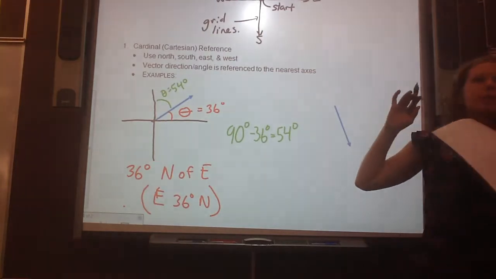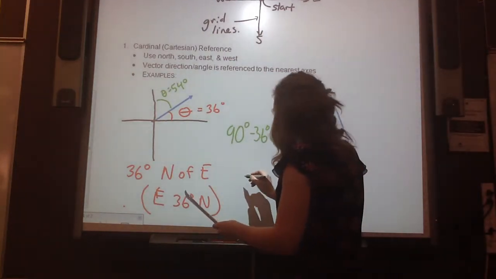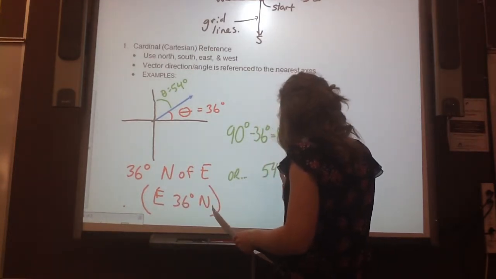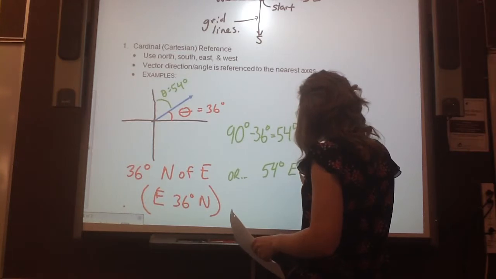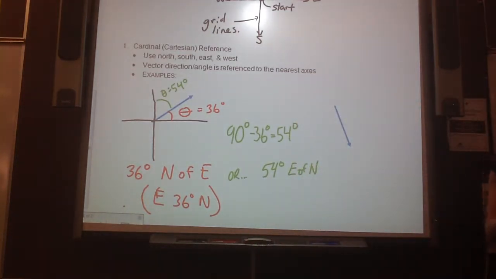So if I wanted north to be my reference point, then I would say this is 54 degrees east of north. So you just got to make sure that whatever you choose as the reference, it needs to be the correct angle. And preferably the axis to choose is the one that's closest, but either could be correct.